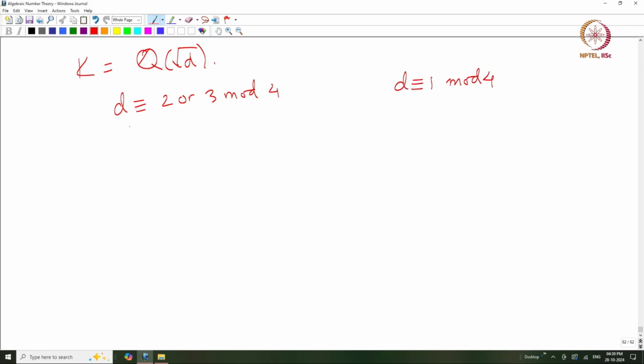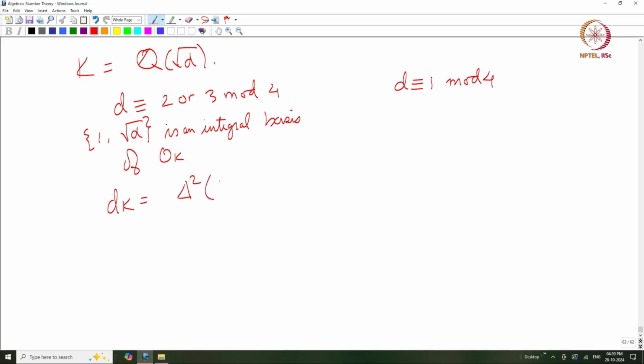In the first case, 1 and square root of d is an integral basis of OK, and we already computed the discriminant. It is just delta squared of 1 and square root of d, which we computed was 4d.